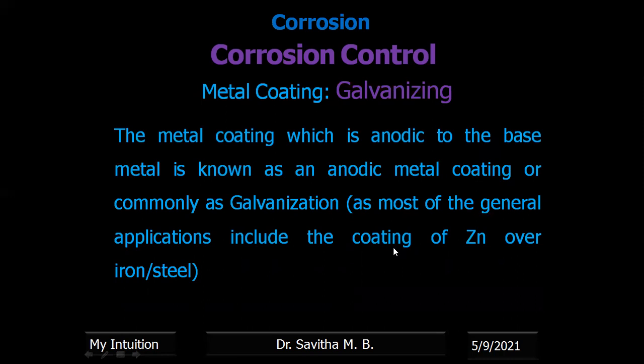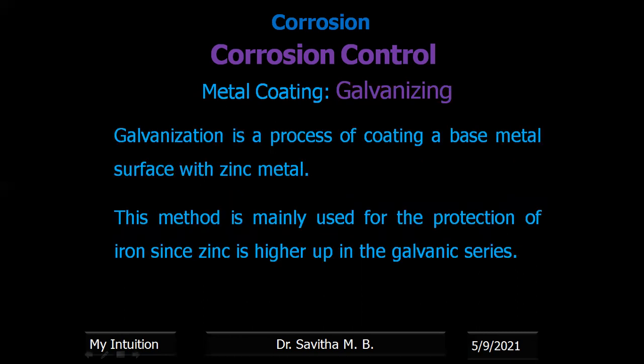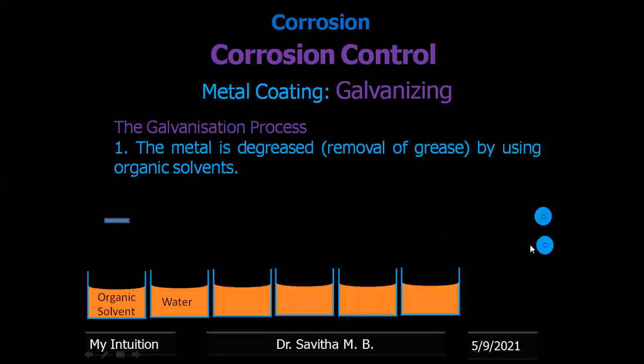Galvanizing is a process wherein the base metal, iron or steel, is safeguarded by coating it with zinc. Here the base metal is iron, and iron has to be safeguarded, therefore it is covered by zinc metal. This process is called galvanizing.